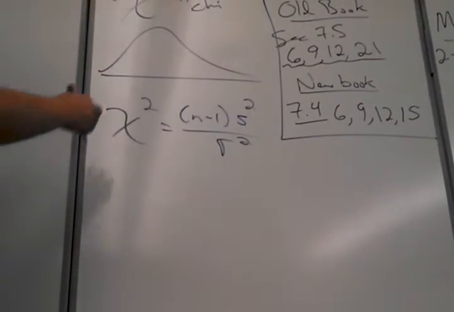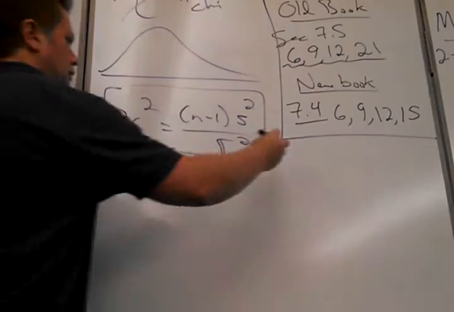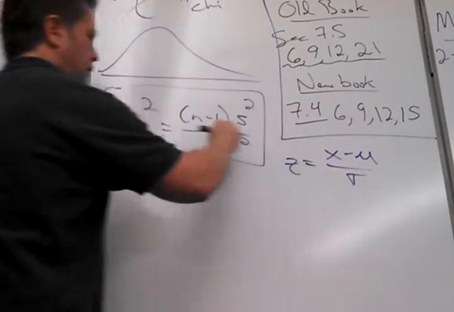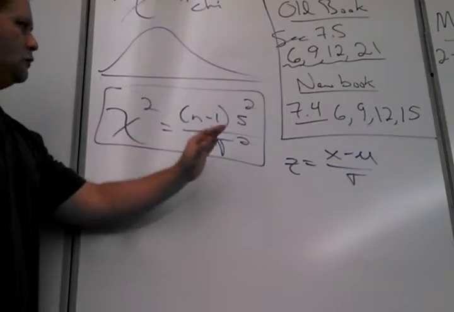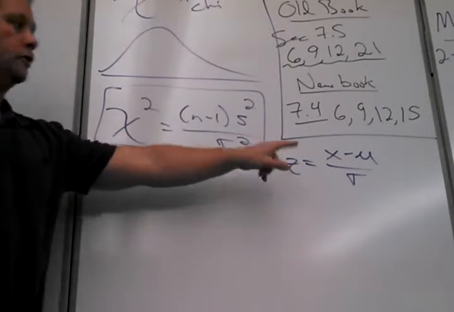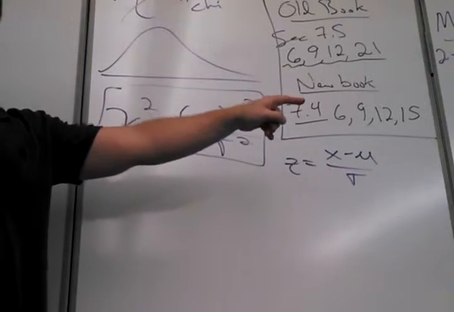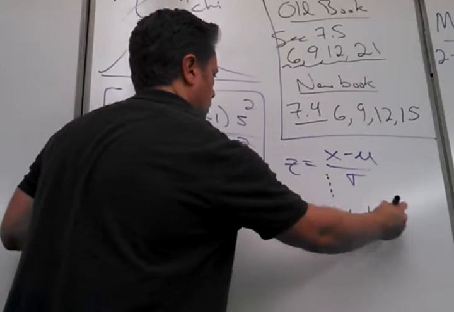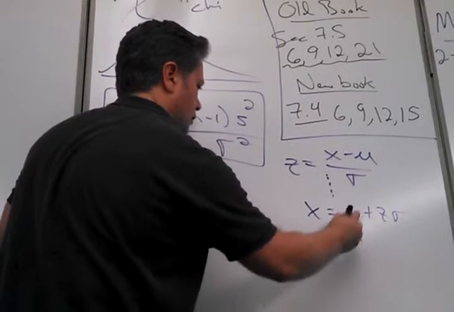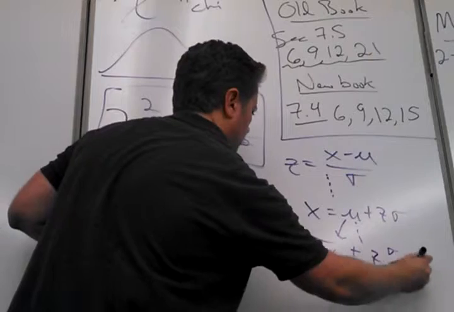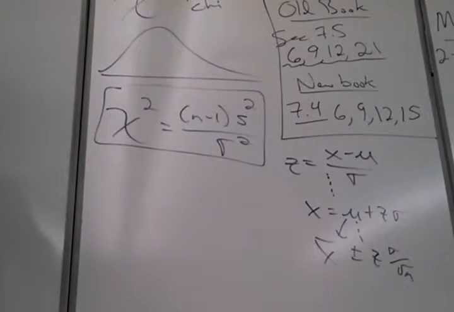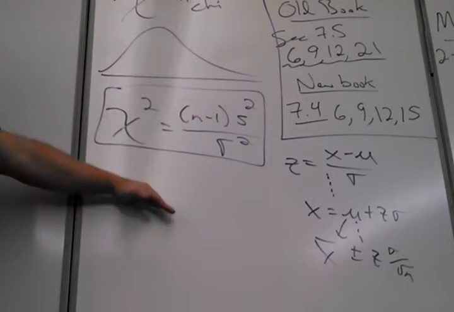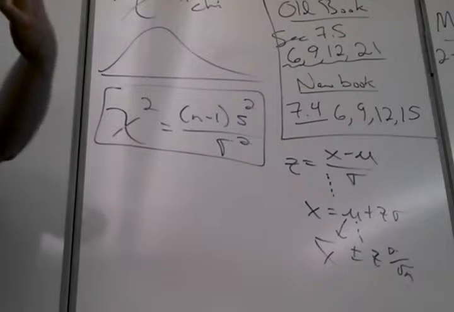So this leads, very much like, I try to make this analogy, we have this z-score formula, so there are some similarities here, not with the pieces, but with the idea behind each. The same way that I can rearrange this and get this, which led to our confidence intervals for means, I can play around with this and get to a confidence interval for variances, right?